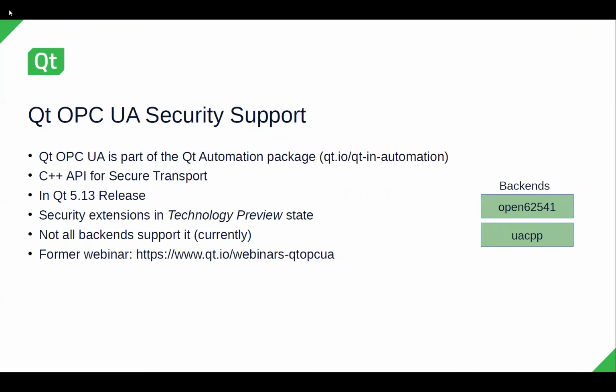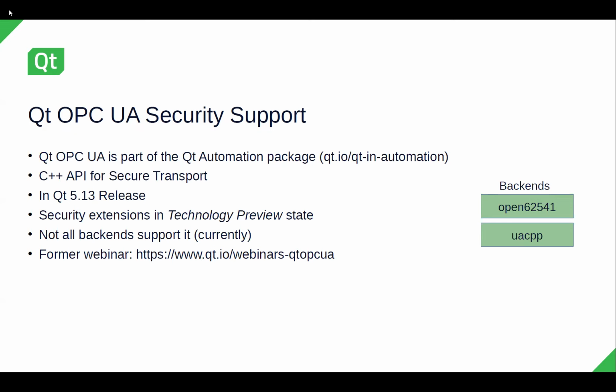Qt OPC UA is part of the Qt automation package, which you can get from the Qt company. And we have added a C++ API for the secure transport. It's new in the 5.13 release, which will be available end of May, hopefully.